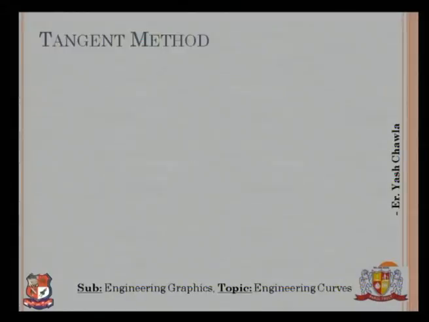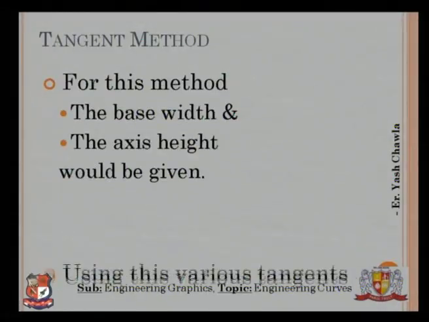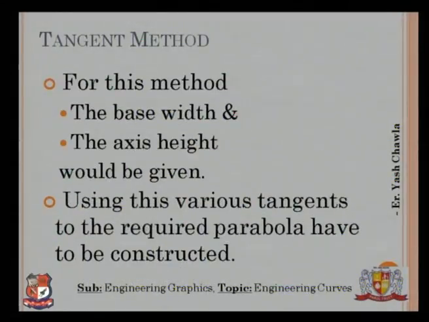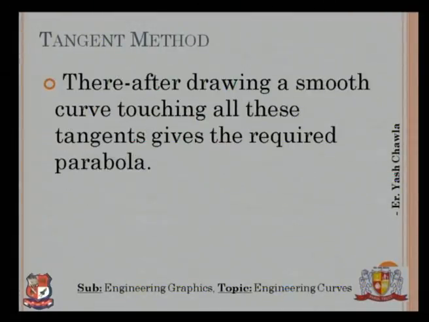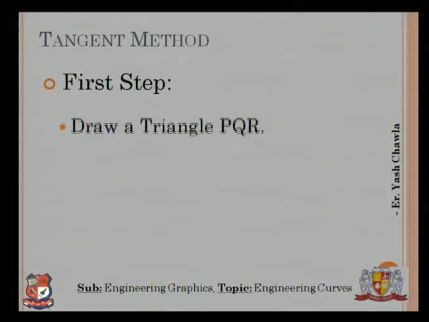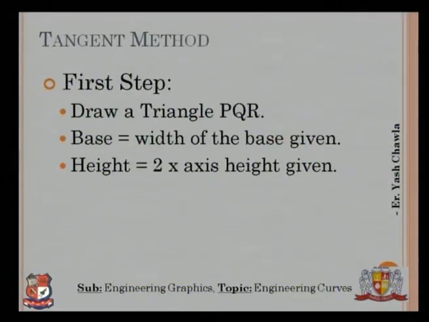Now let's go for the tangent method. This is another interesting method that we use. For this we need the base width and the height. First step, we'll take the same question, that we are throwing a stone which attains a maximum height of 20 meters and the base is 100 meters.